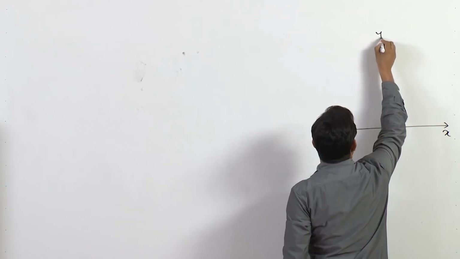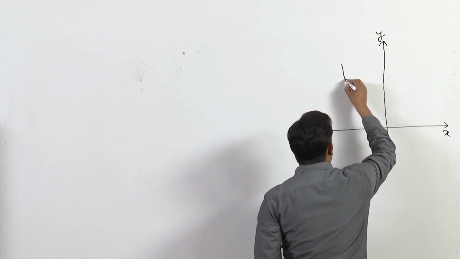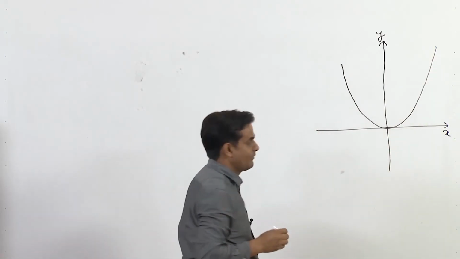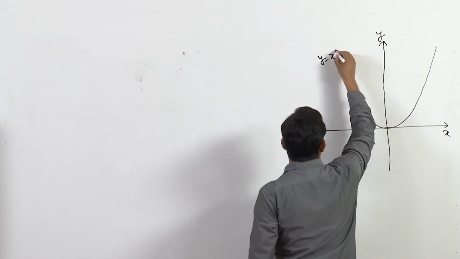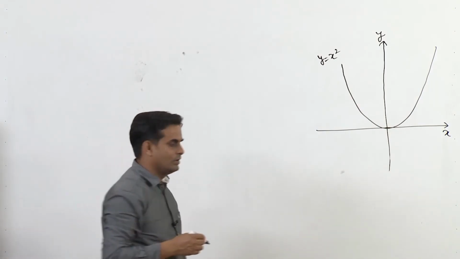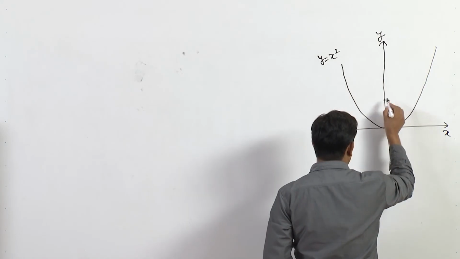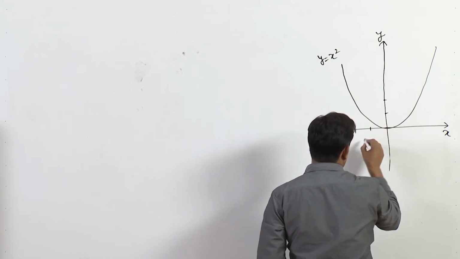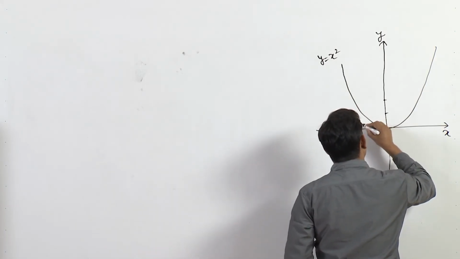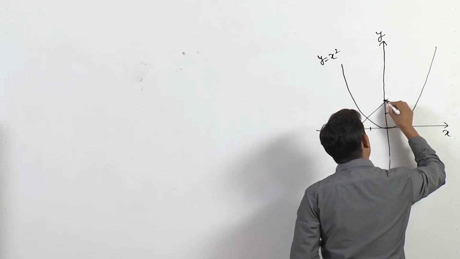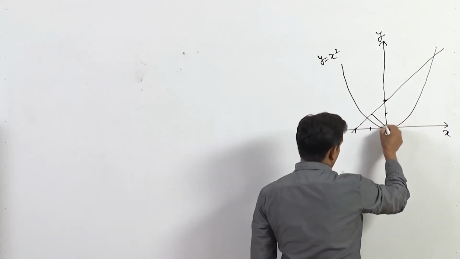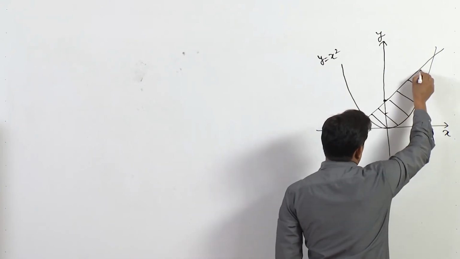So, x, y. So, y equals x square, and the other one is y equals x plus 2. So, it will cut at 1, 2. So, the region is this one.